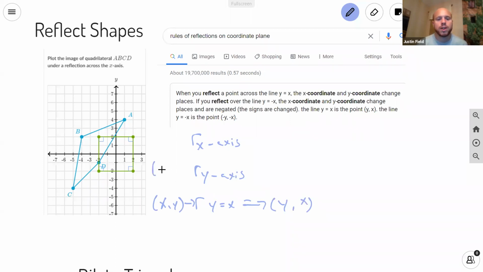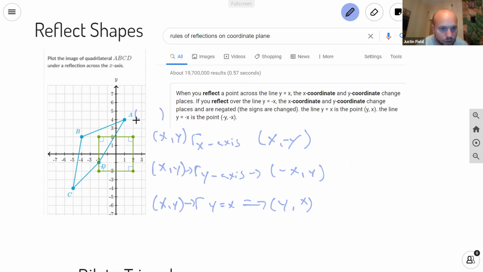When you reflect over the y-axis, then the x-coordinate changes sign. And when you reflect a point over the x-axis, the y-coordinate changes sign. So if we reflect A, B, C, D over the x-axis, then we're just going to label each point on the original figure.